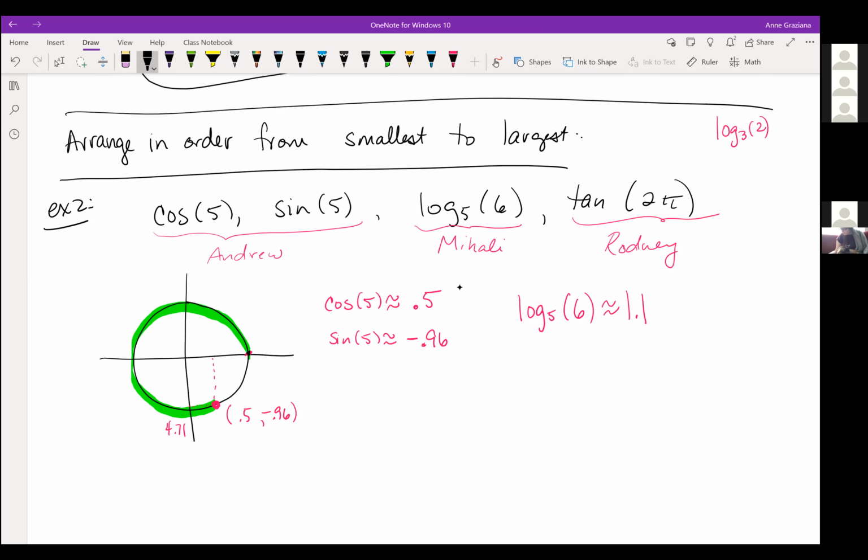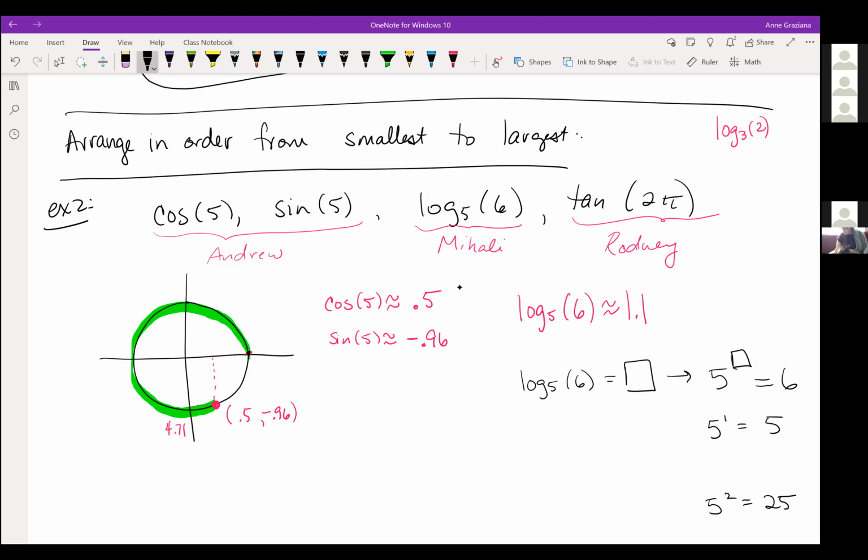So log base 5 of 6, that's the exponent that goes on 5 to give you 6. Well, that's kind of a problem, right? Because 5 to the first is 5, and 5 squared is 25. So it's clear that there's no number between 1 and 2 that's going to work out perfectly.